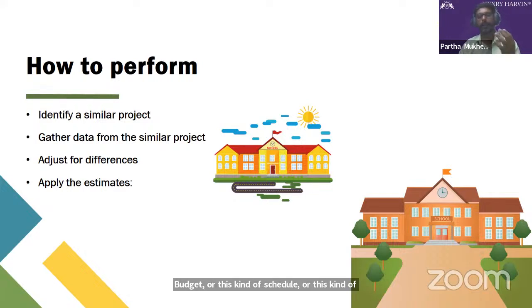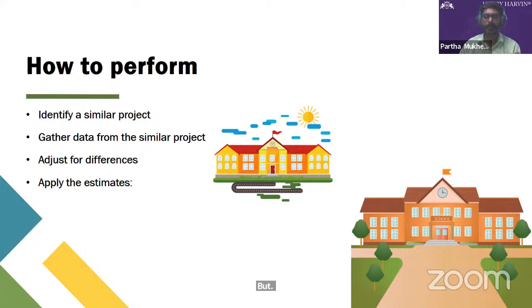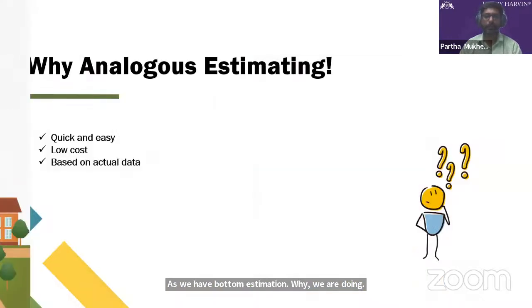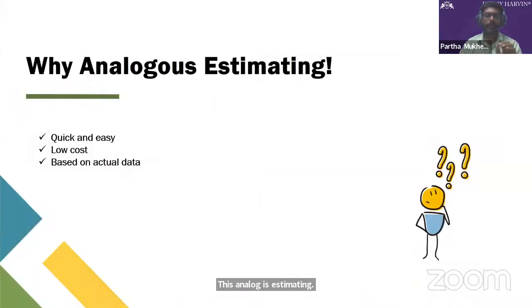But as we have bottom up estimation, why are we doing this analogous estimating? Because it is very quick and you can prepare it in a much faster manner, when you are about to start the project and you have a very limited amount of information with you.